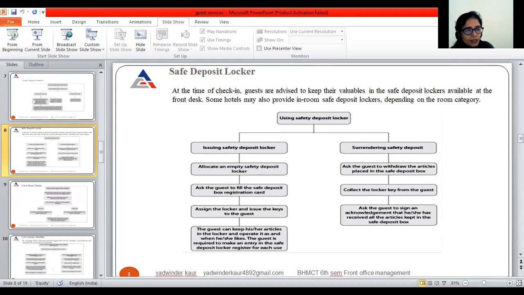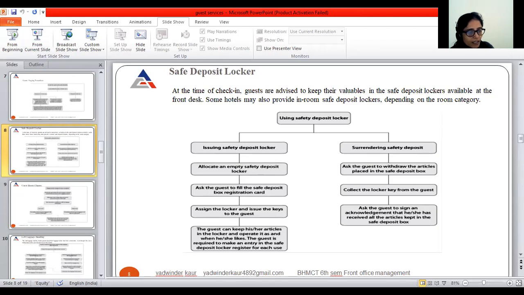Right? So using the safety deposit locker involves issuing a safety deposit locker, surrendering the safety deposit, allocating an empty safety deposit locker, or asking the guest to withdraw the articles placed in the safe deposit box. Ask the guest to fill in the safe deposit box registration card, then assign the locker and issue the room keys to the guest.